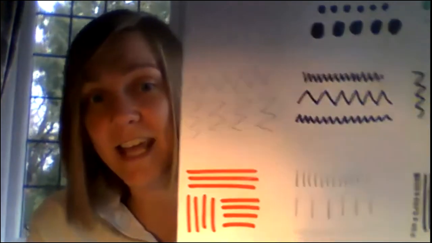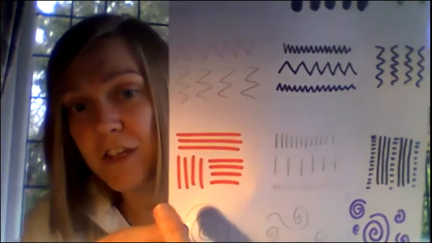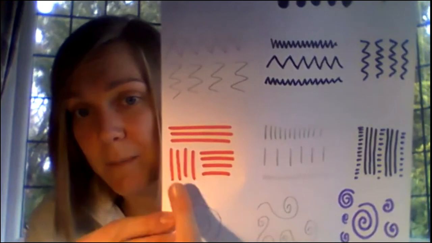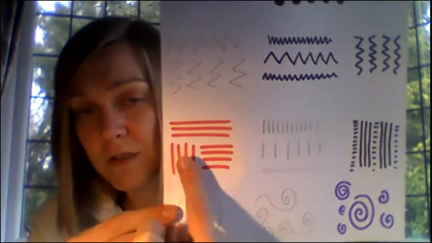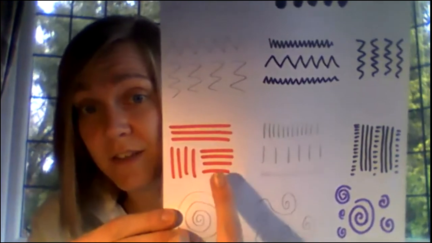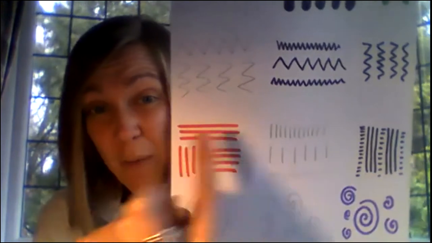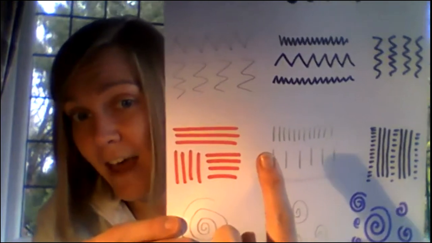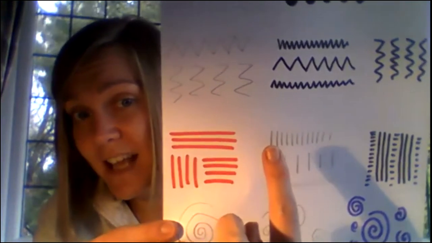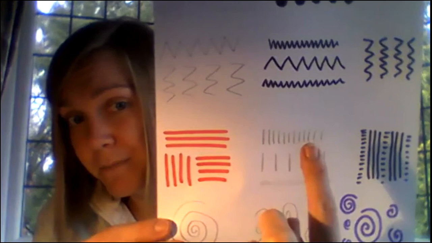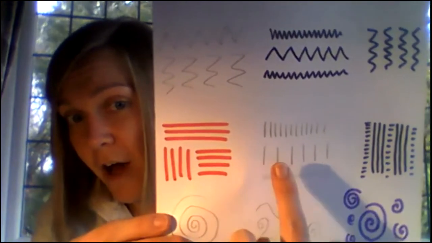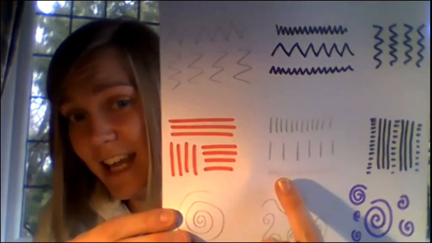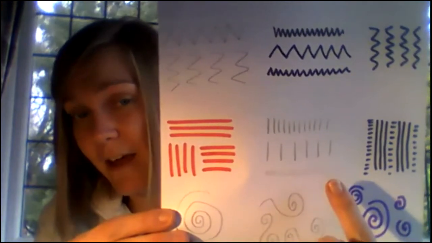So if we have a look down here at my lines, I've used lines as my pattern, but I've done some going down that are short, some going across that are long, and some that go across even longer. If you look really carefully here, I've gone for lines that are a little bit close together, lines that are far apart from each other, and then lines that are really tiny and really close together.